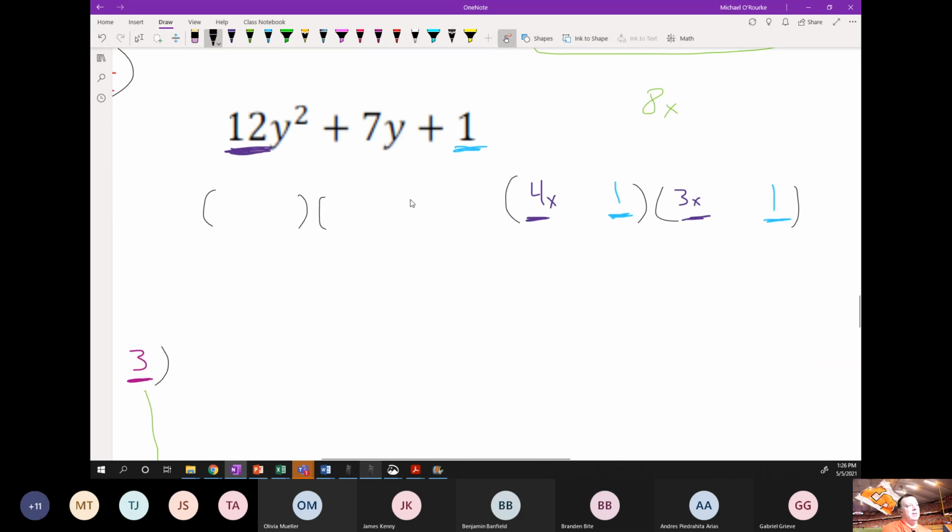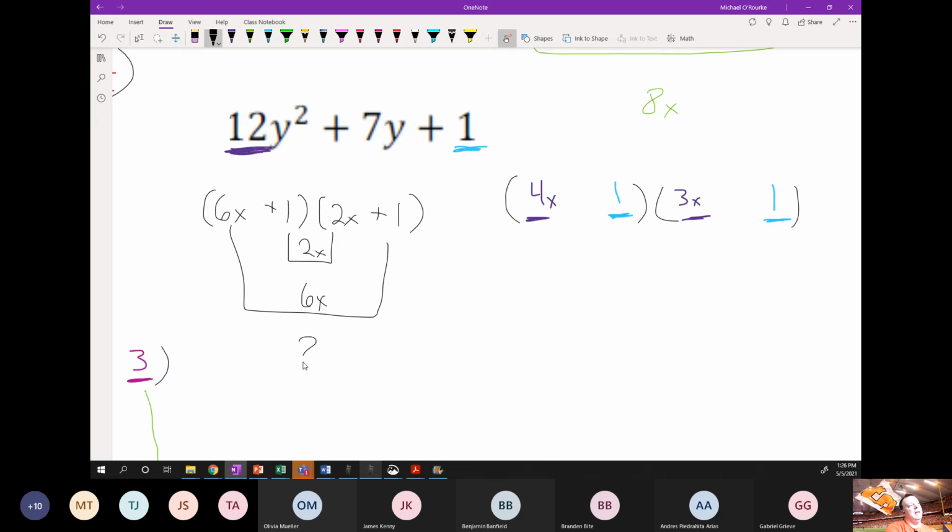You're great, Kovacs. You know what I just loved about Kovacs' answer? What I love about it is it showed that she tried something and it didn't work and she went back and tried again. Because when she did 6 and 2, which is a great guess, that equals 2x.